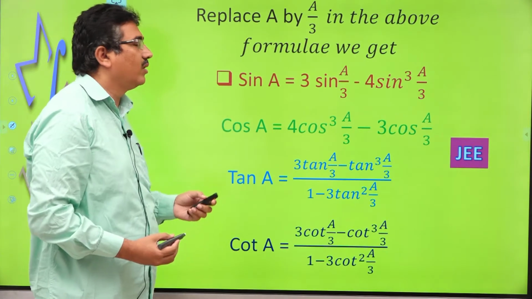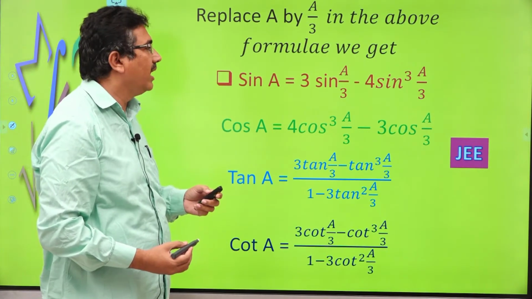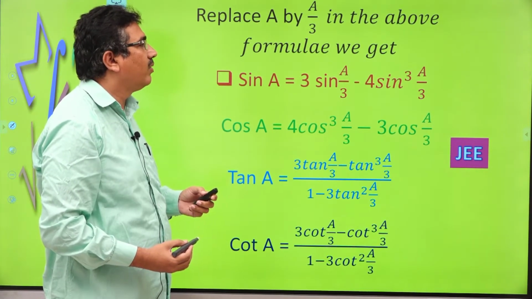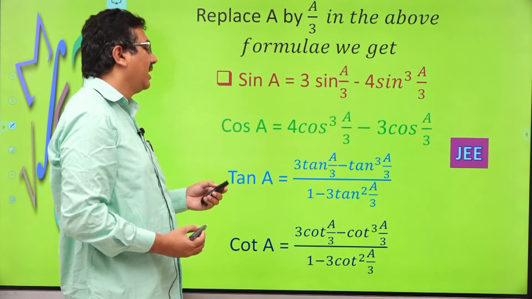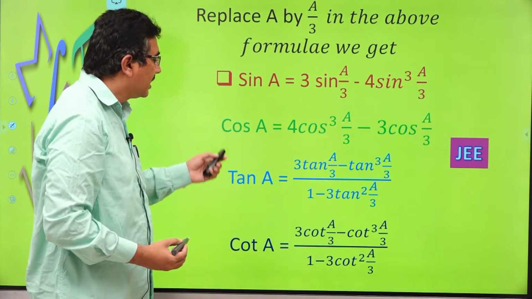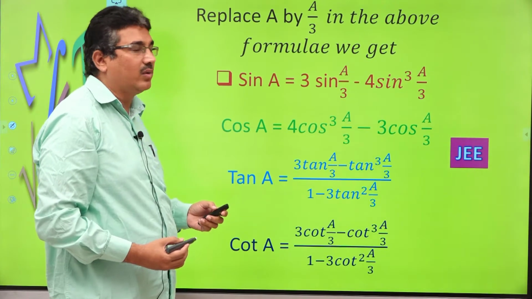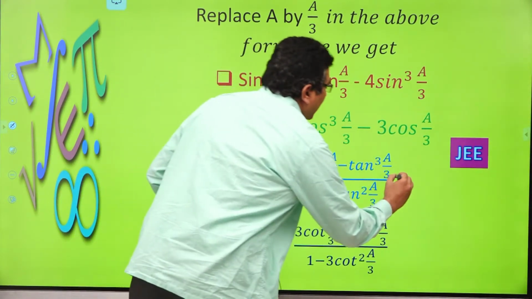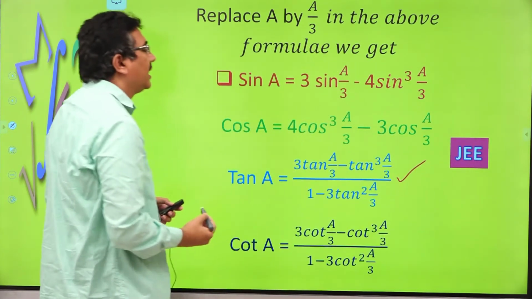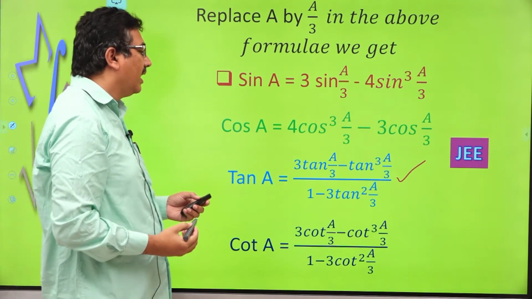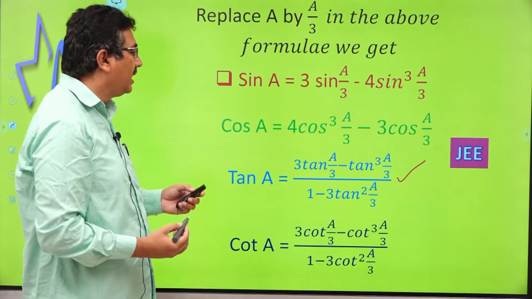Sin A is equal to 3 sin A/3 minus 4 sin cube A/3. Similarly, cos A, tan A is equal to 3 tan A/3 minus tan cube A/3 by 1 minus 3 tan square.